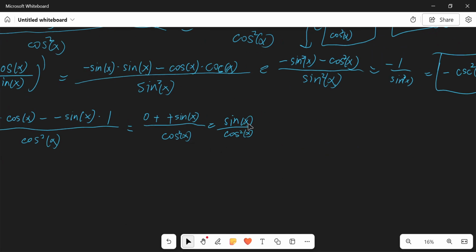And you might be asking, this looks kind of weird. Well, we can actually make it a little bit simpler by making it sine x multiplied by 1 over cosine squared x, which we can then make sine x over cosine x multiplied by 1 over cosine x.